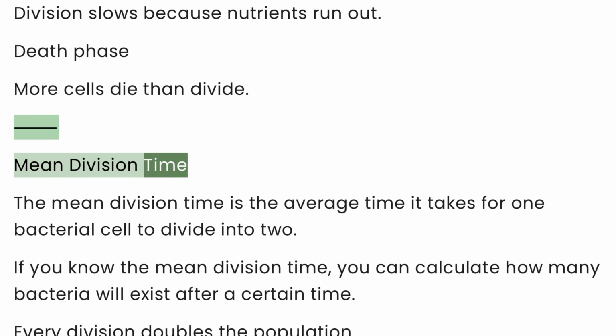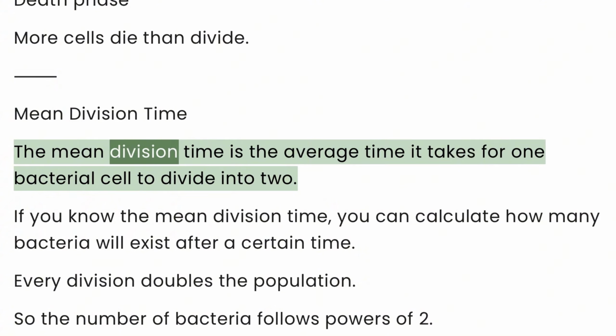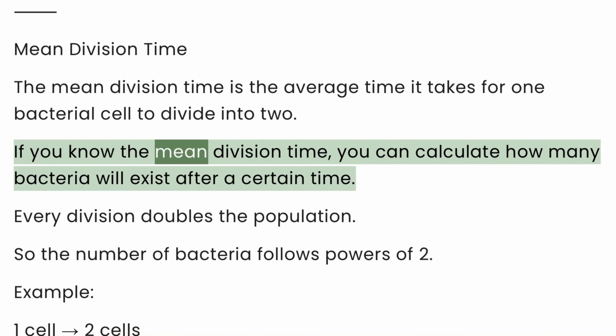Mean division time. The mean division time is the average time it takes for one bacterial cell to divide into 2. If you know the mean division time, you can calculate how many bacteria will exist after a certain time.